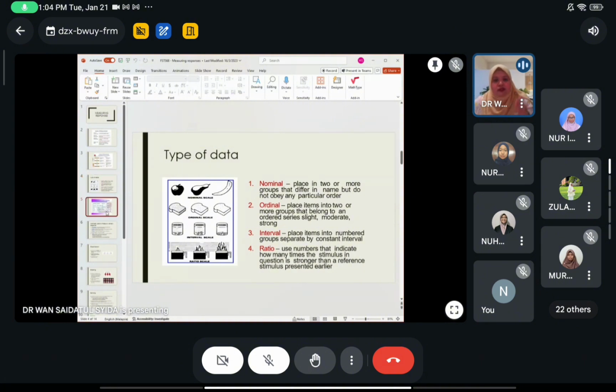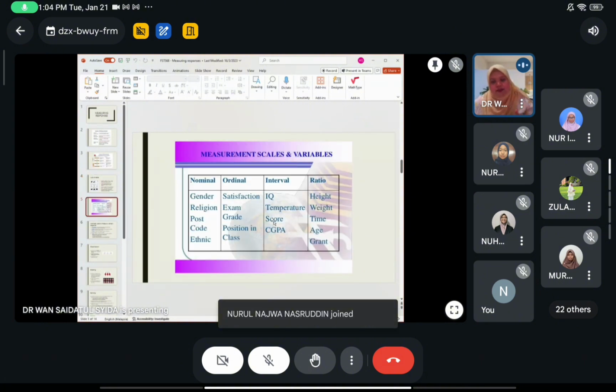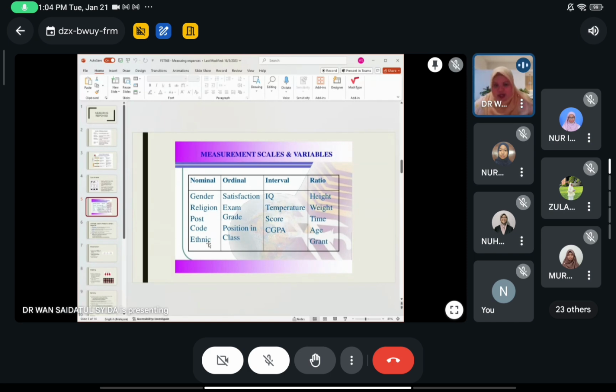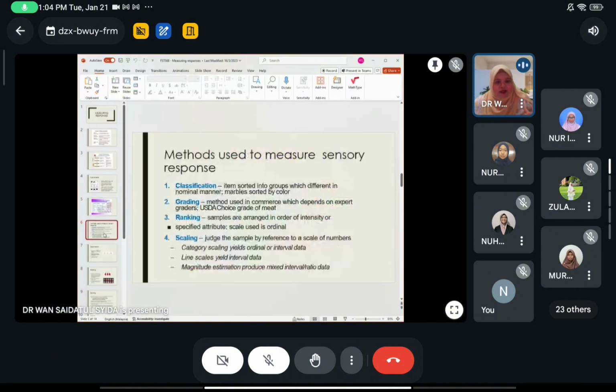To be more clear, you can see these variables. Nominal is this one, ordinal is this one, the interval, this one, the ratio will be this one. So please look at the food approach. What will the nominal look like? What will the ordinal be? What will the interval and the ratio be?